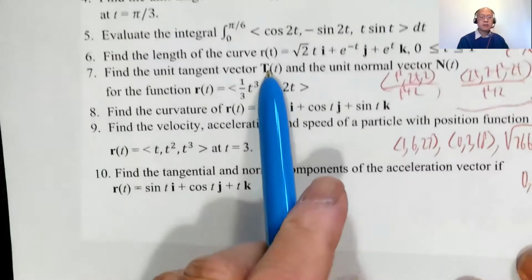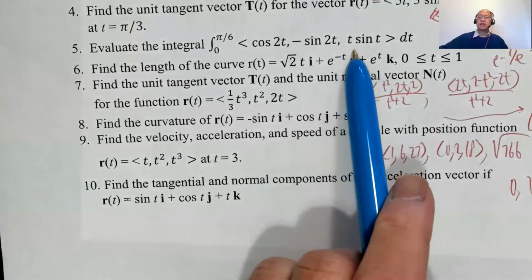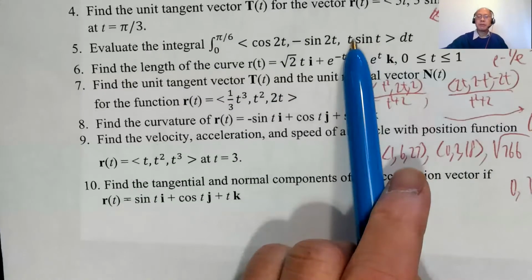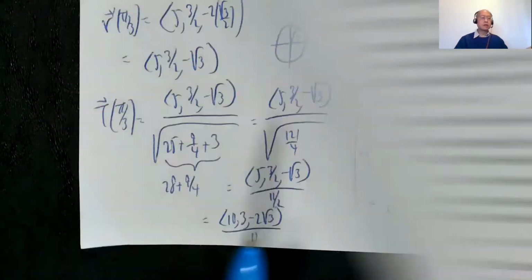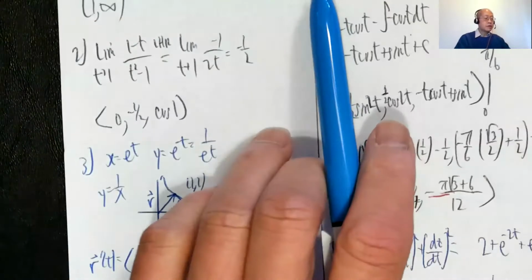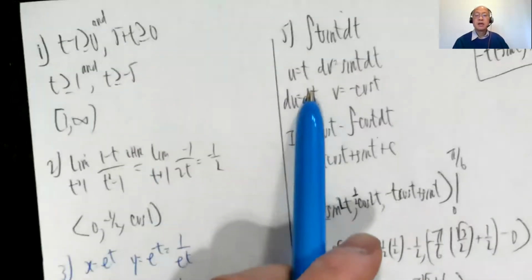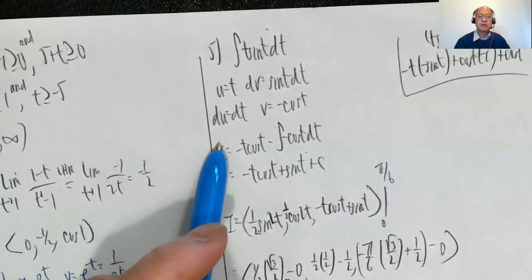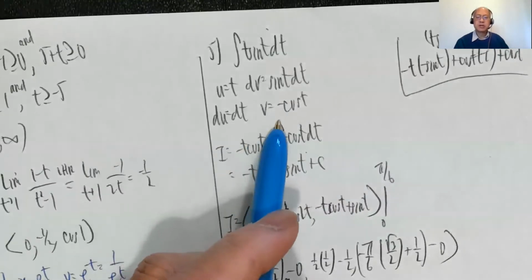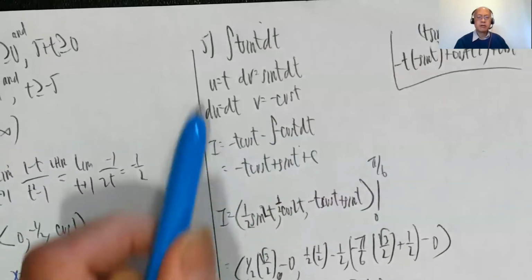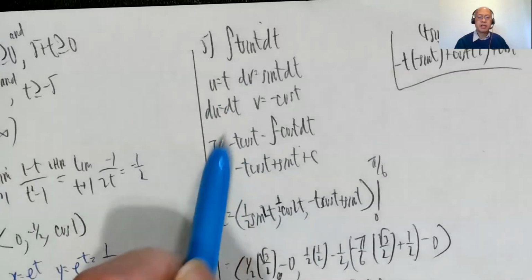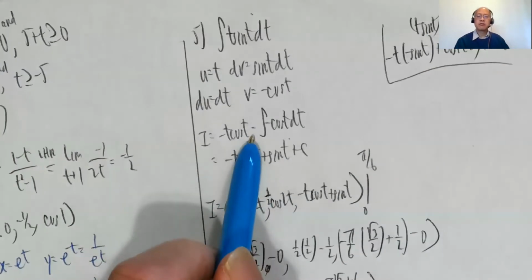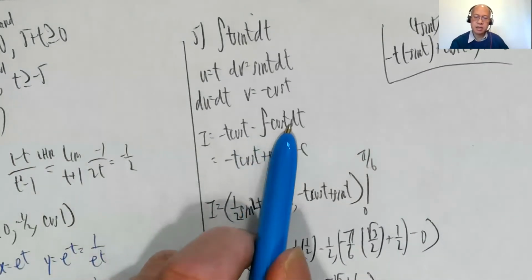Number 5, quick mention that this last one, t sine t, you have to integrate by parts. You might recall doing integration by parts in Calc 2. u would be t, dv is sine of t dt, du equals dt, v is negative cosine t. So the original integral I is u times v, negative t cosine t, minus the integral of v du, negative cosine t dt.